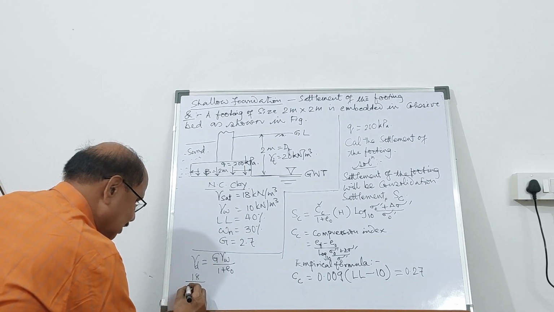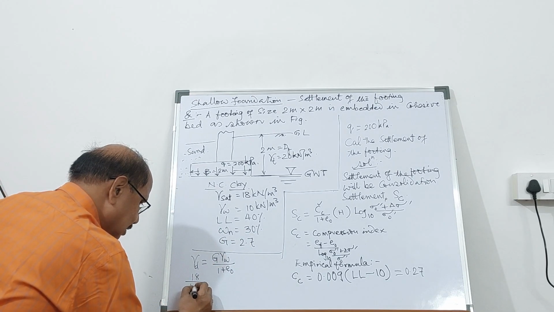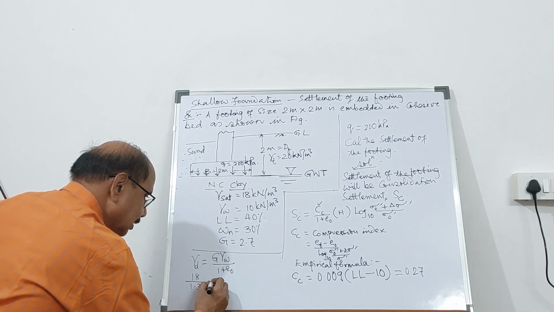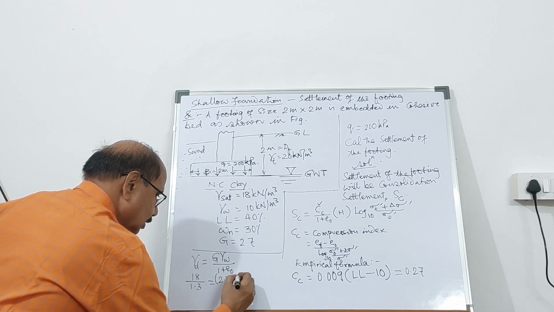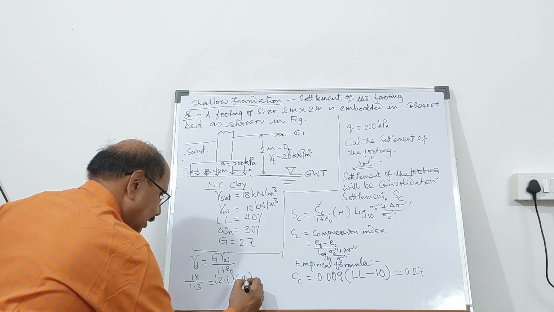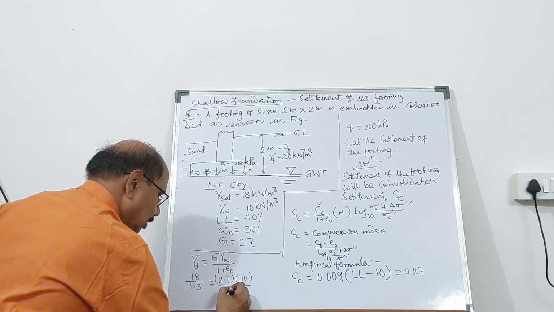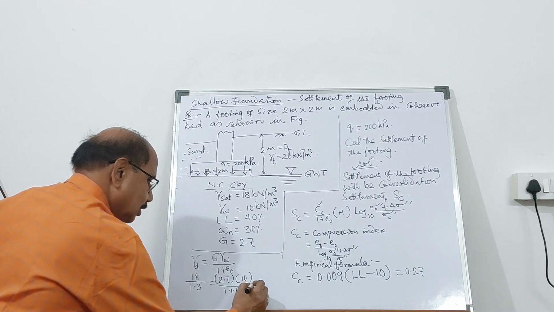So 1 plus 0.3, this becomes 1.3, equal to 2.7 into 10 divided by 1 plus e naught.